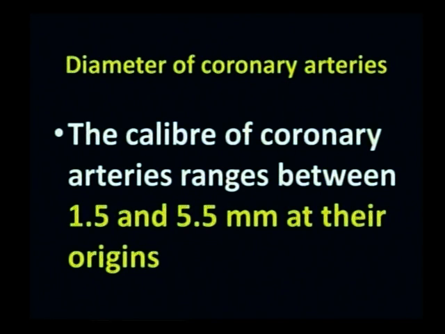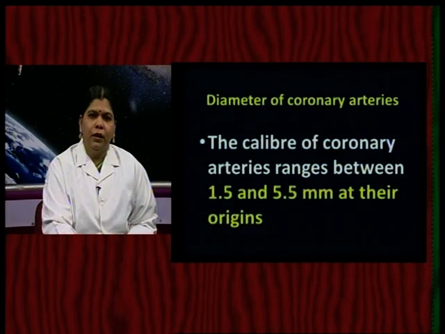Do you know the diameter of the coronary arteries? The diameter ranges from 1.5 to 5.5 millimeters at their origins. This diameter goes on increasing up to the 30th year of life.